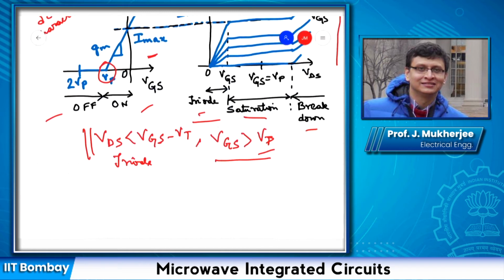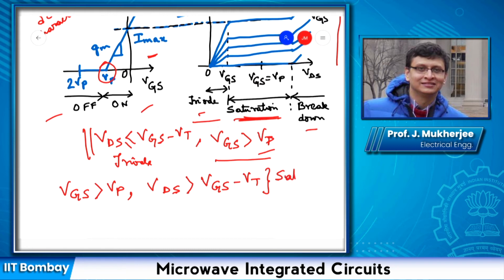And for the saturation region, the condition is, small correction, for triode it should be lesser or equal. For saturation, the condition is VDS is greater than VGS minus VT. So this is for saturation, and the other condition is for triode.